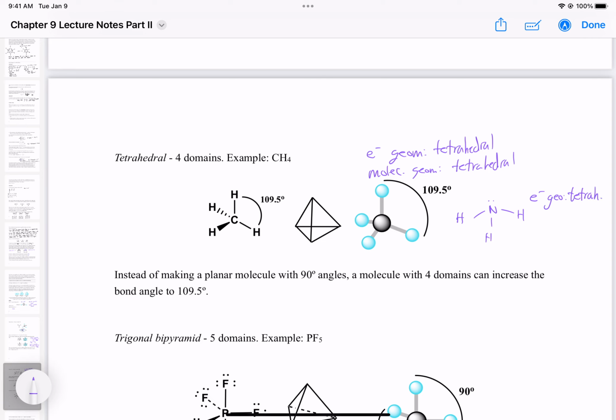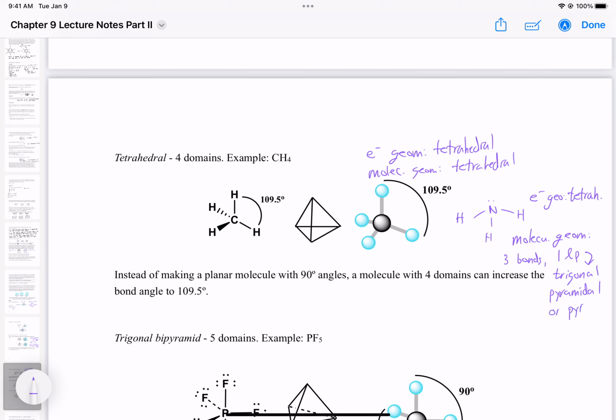But now its molecular geometry will change. It has 3 bonds and 1 lone pair, and this is what we call trigonal pyramidal, or you could say trigonal pyramid, or pyramidal.